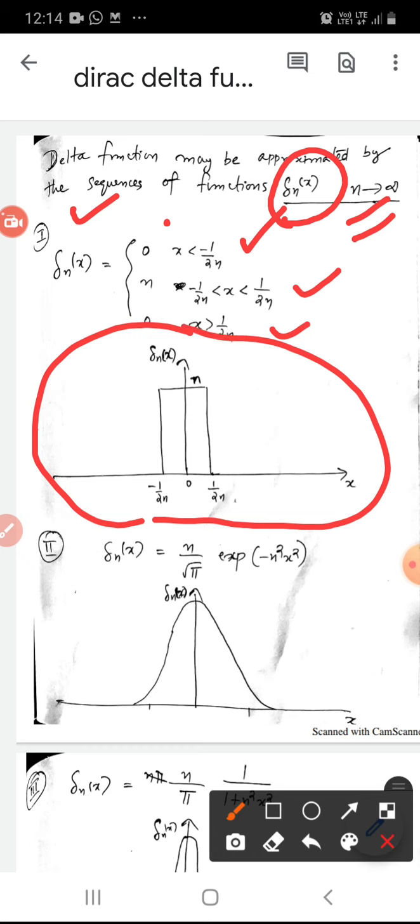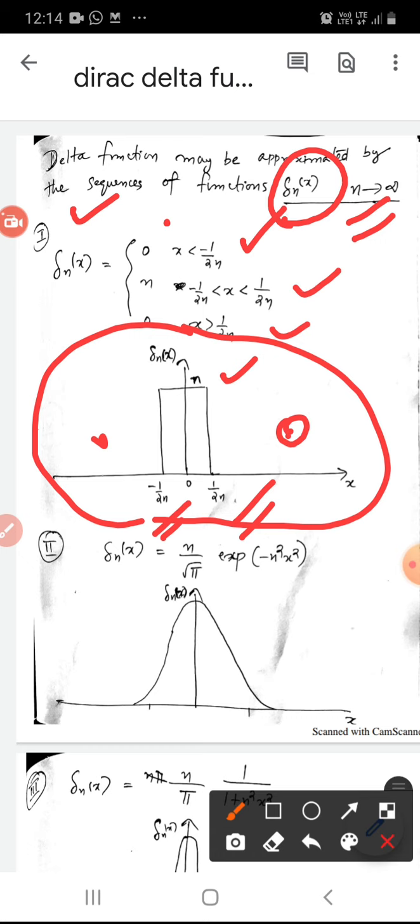See, delta nx is n for x in between minus 1 by 2n and 1 by 2n, and it is 0 for x greater than 1 by 2n and less than minus 1 by 2n in this region.